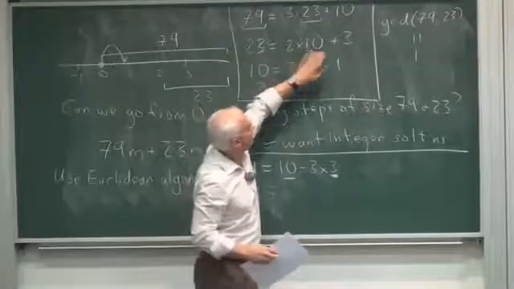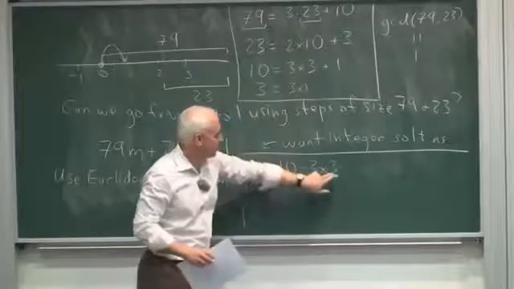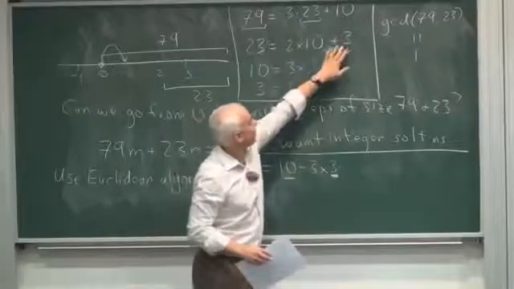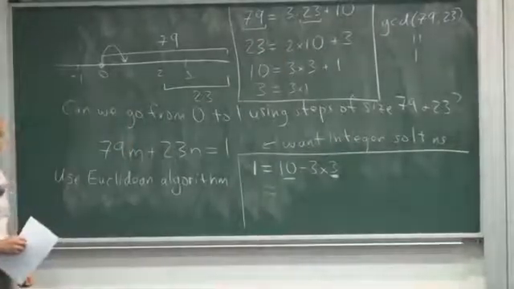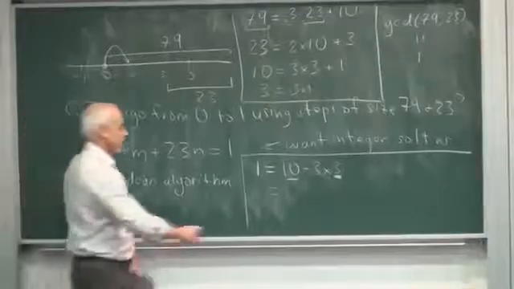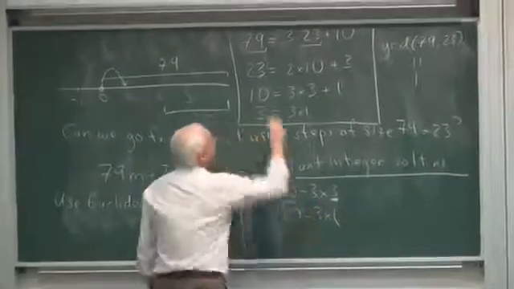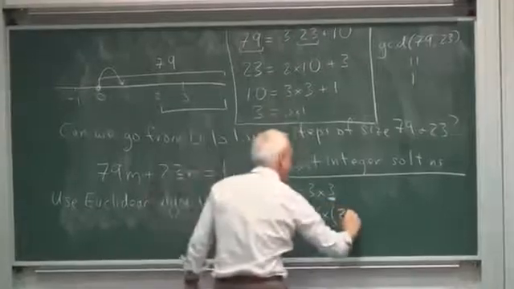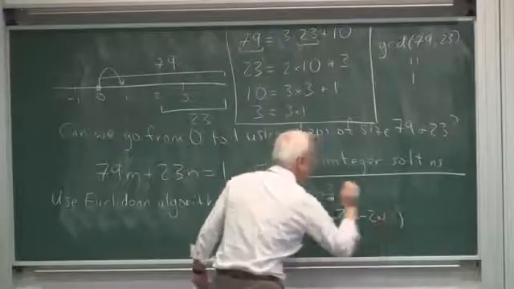And in this step up above it, we can see that 3 is a combination of 23 and 10. So we're going to replace this 3 with the corresponding combination of 23 and 10. What does that give us? Well, the 10 stays where it is, minus 3 times what? Well, from here we see that 3 is equal to 23 minus 2 times 10. And I'll just leave it in that form.